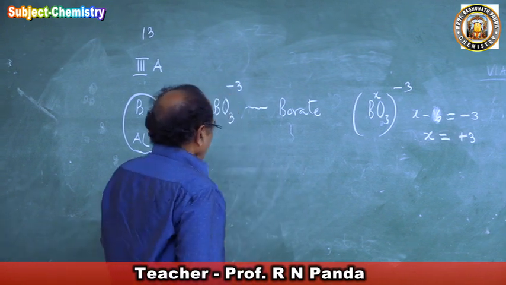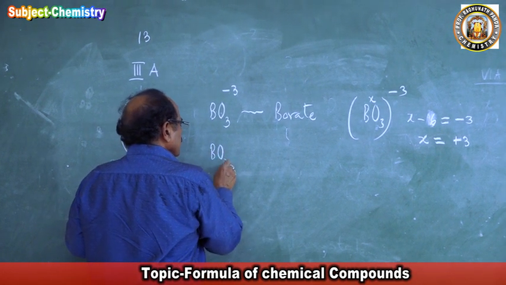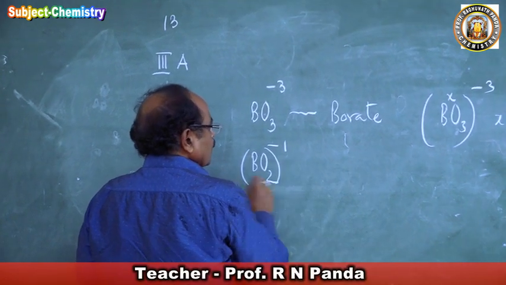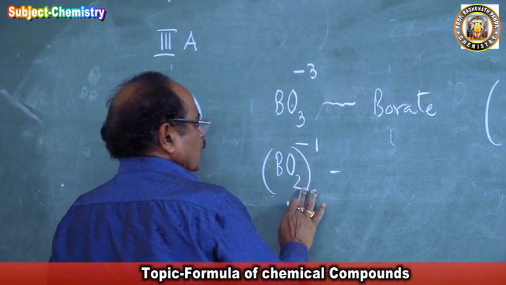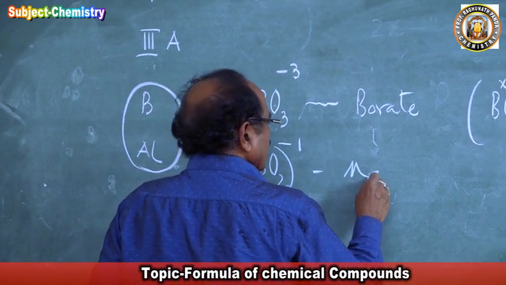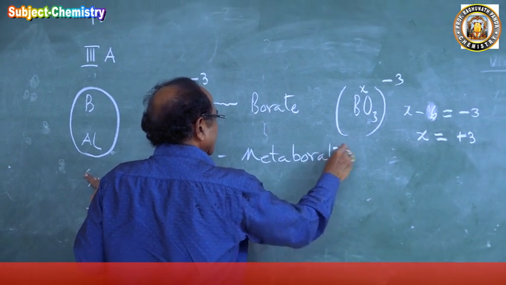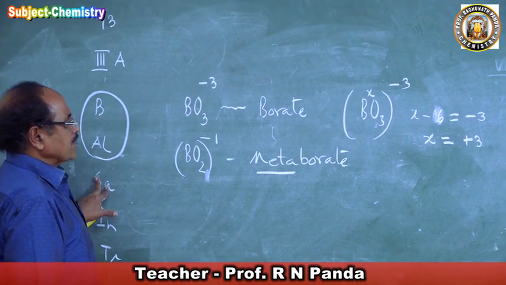So borate. Then it was found that it formed another radical, BO2 minus 1. When they found another radical was formed, BO2 minus 1, they called it metaborate.